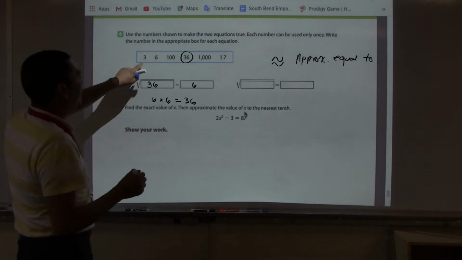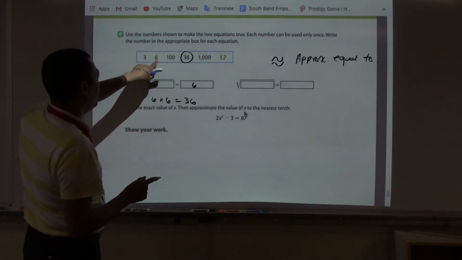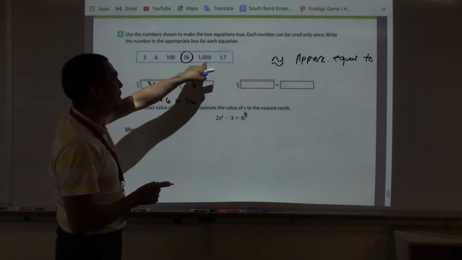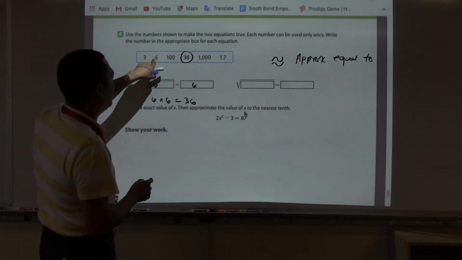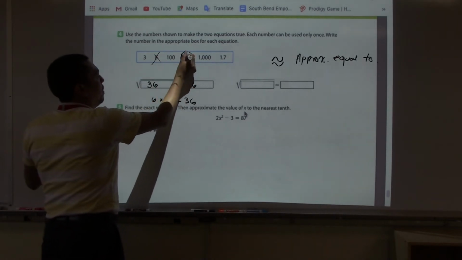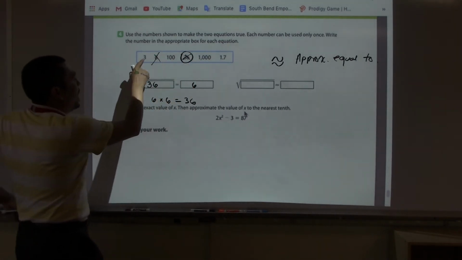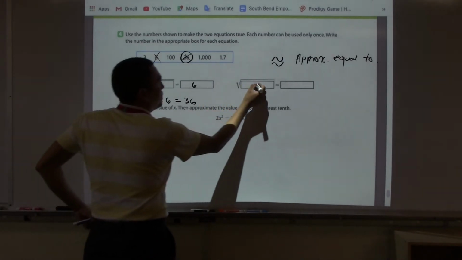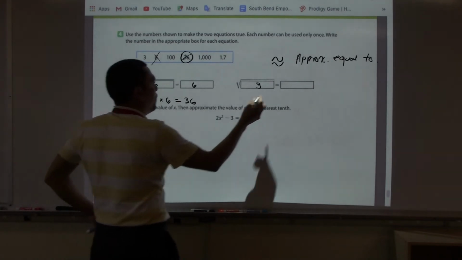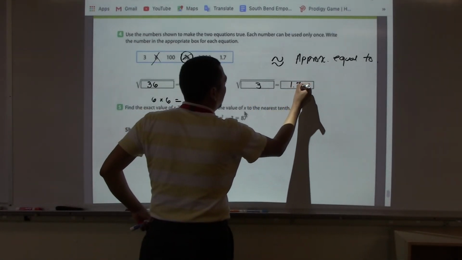So what I'm thinking here is the square root of 100 is not here. 1000 will not give you 100 or 6. 6 we used already. So we have 3. I'm assuming, and I need to prove it, it is 1.7.